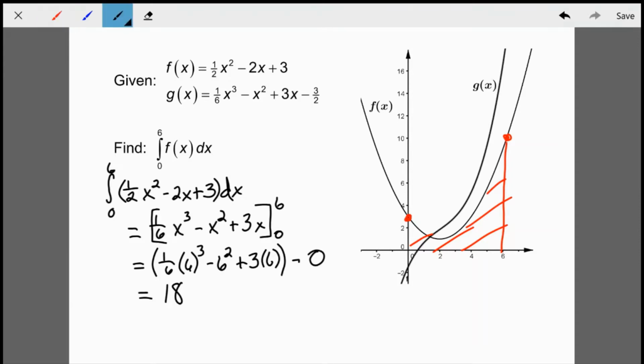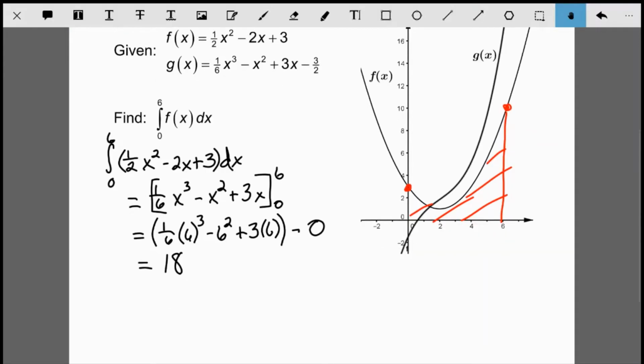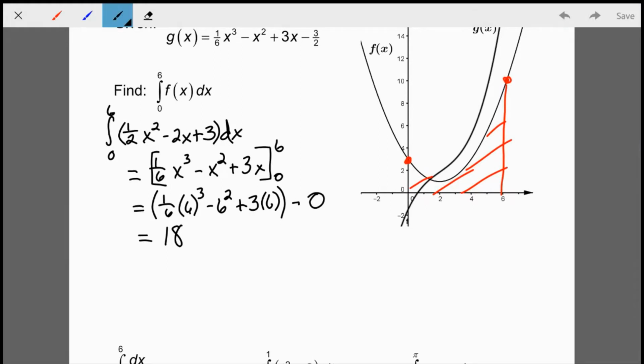Now, there's another way we could solve this out, and this is where understanding what's going on with that plus c is going to make a little bit more sense. The other way I can do this is to say the integral from 0 to 6 of f of x dx, we established that g of x is one of the possible antiderivatives of f of x.